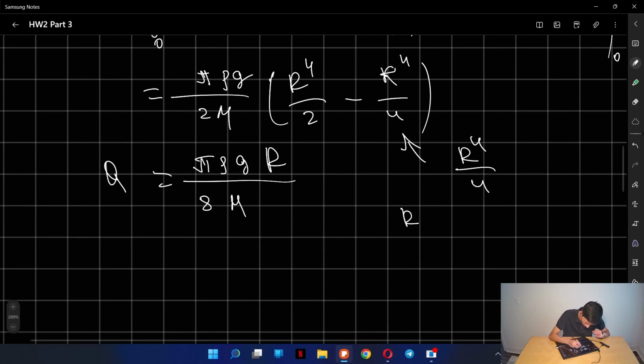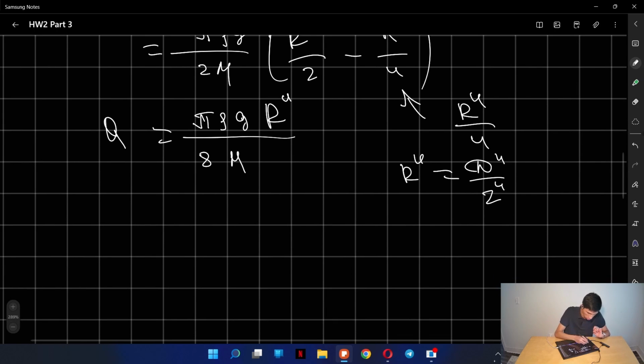R to the 4th is equal to the diameter to the 4th over 2 to the 4th, right?